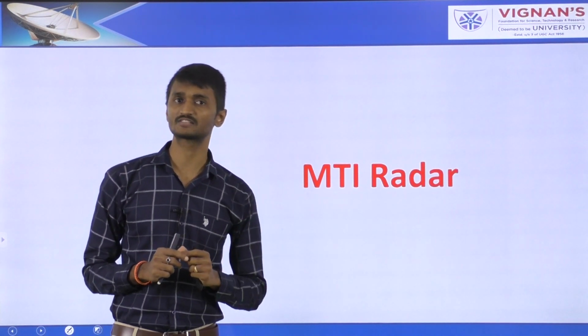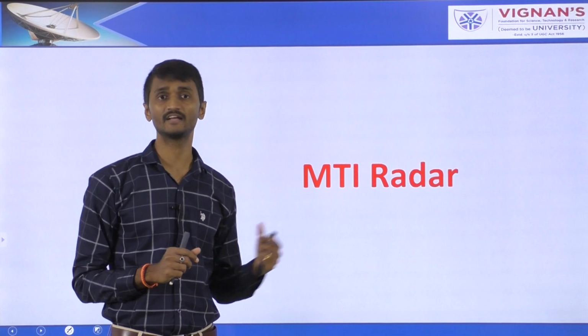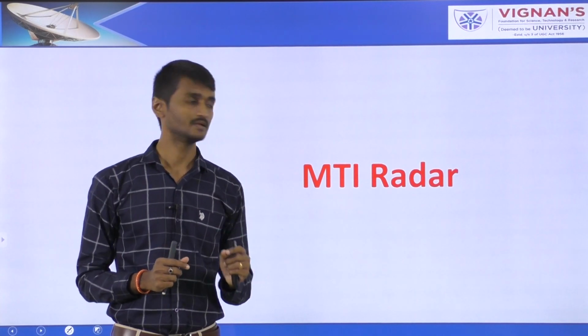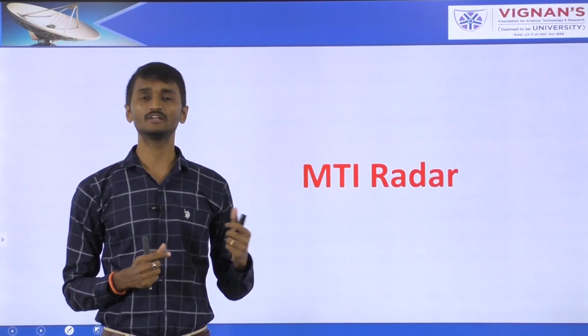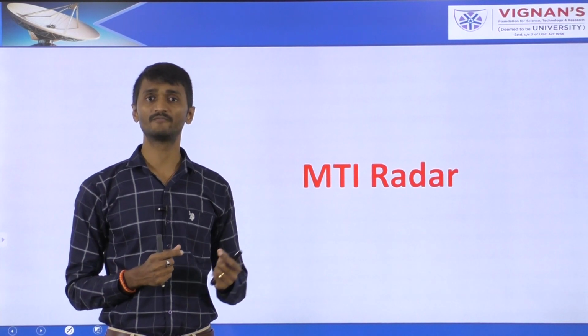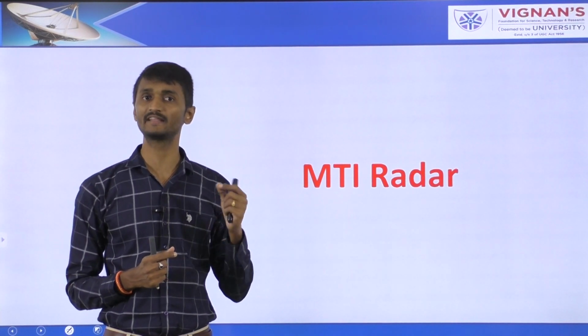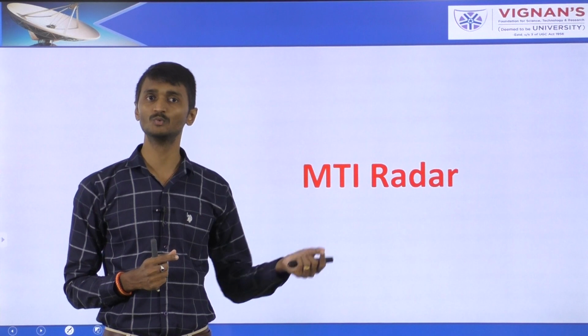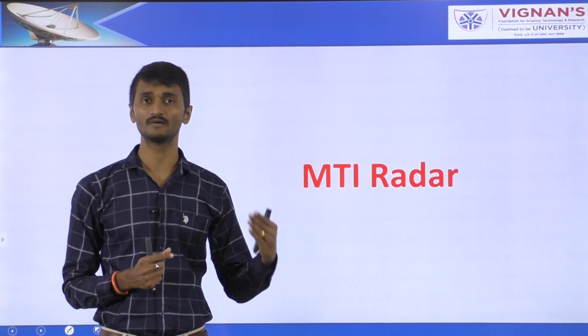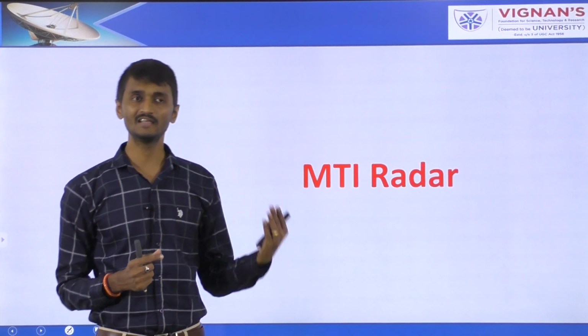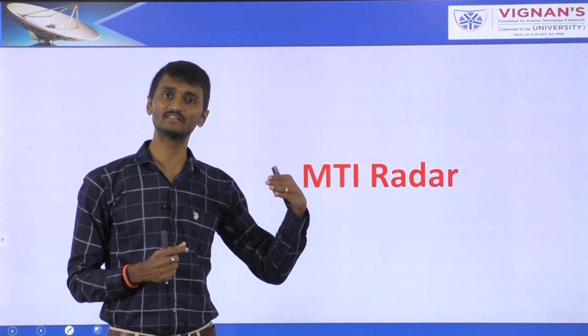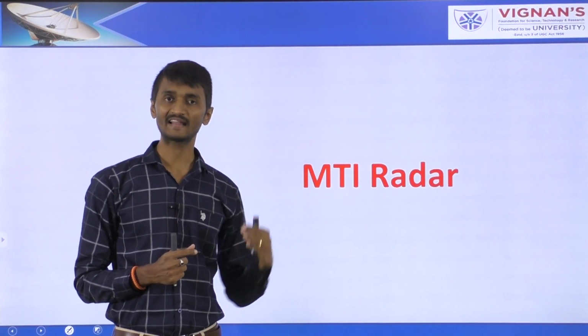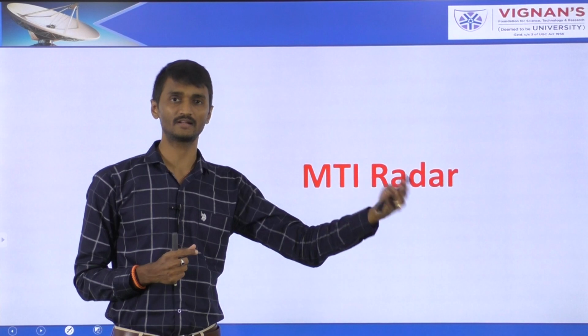This type of radar is called moving target indication radar or simply MTI radar. According to the Doppler effect, the frequency of the received signal will increase if the target is moving towards the radar. Similarly, the frequency of the received signal will decrease if the target is moving away from the radar.